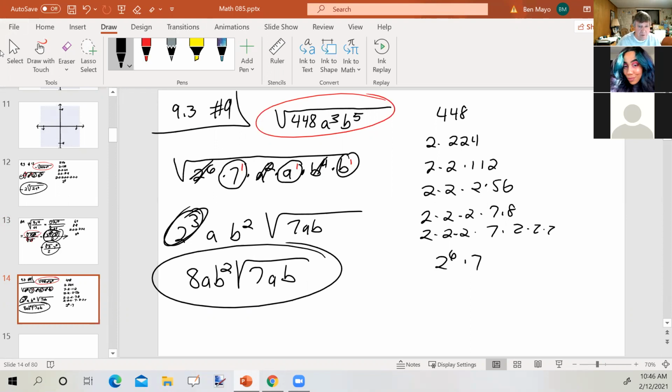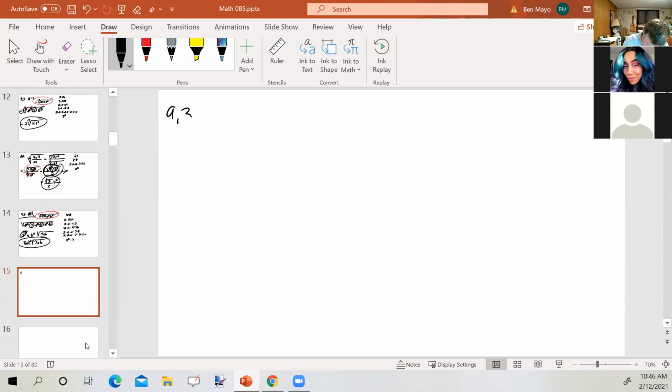Okay, we're going to look at number 10 now. So this is 9.3, number 10. Simplify the radical. The variable represents a positive real number. We have 6 times the cube root of negative 81 a cubed.